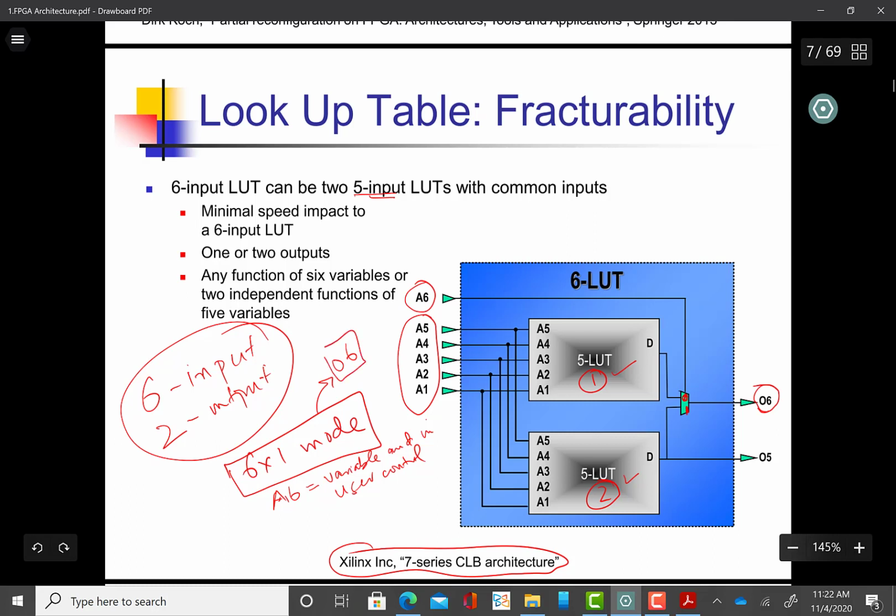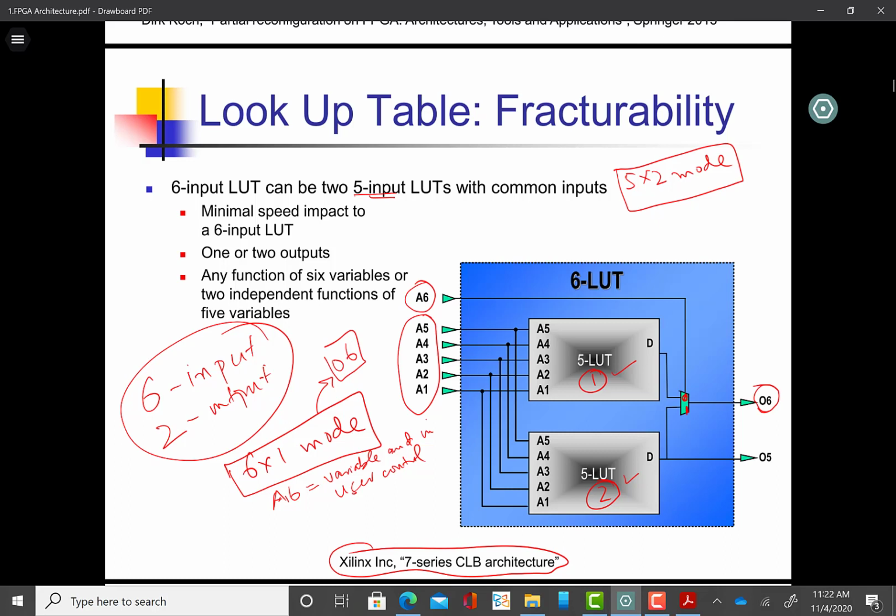While in 5x2 mode, which means that we implement 2 functions on the lookup table, each function has 5 inputs, A1 to A5, and we have 2 outputs.